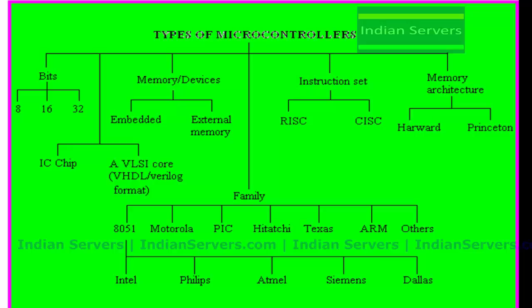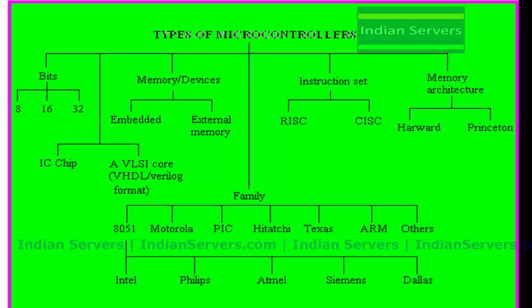A 16-bit can process data of a maximum 16-bit limit. Similarly 32. In an 8-bit microcontroller, every register present in the microcontroller has 8 bits of size. Similarly 16 and 32.